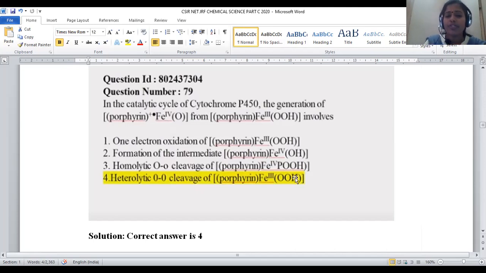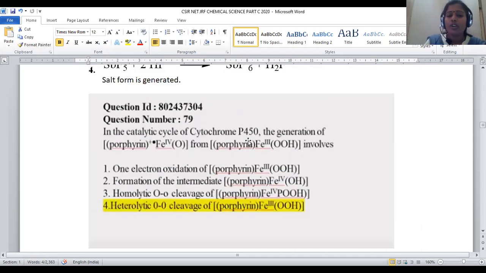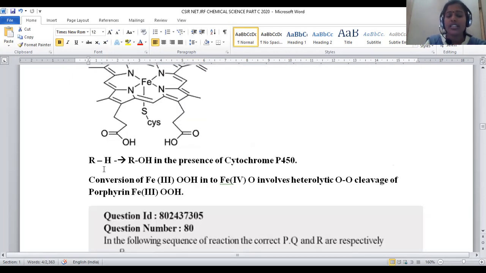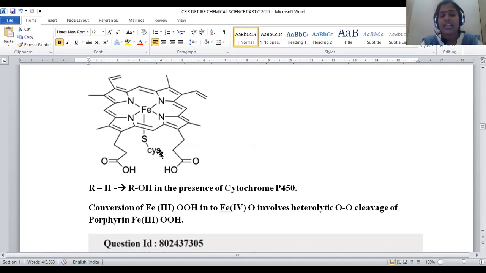So cytochrome P450 is the biomolecule which is very essential for oxidation. When alkanes are there, they turn into hydroxy compounds in the presence of cytochrome P450. Here is the structure of cytochrome P450, where we have iron surrounded with a porphyrin ring and cysteine. Amino acid moiety will be there, and terminal polar carboxylic acid and vinyl functional groups are also associated within the molecule.